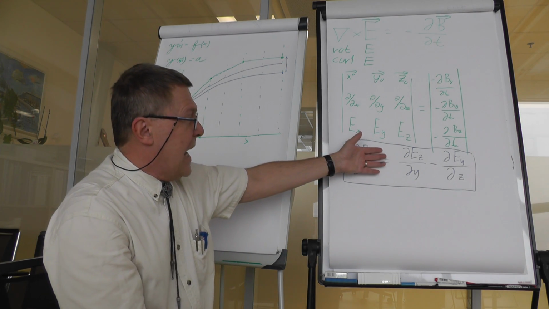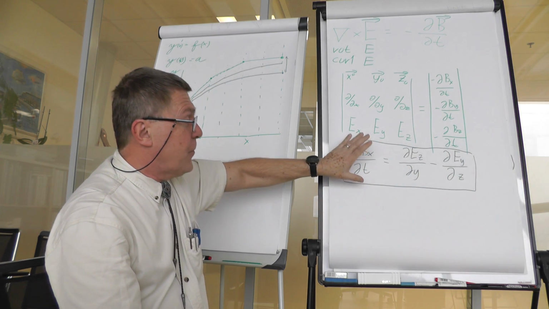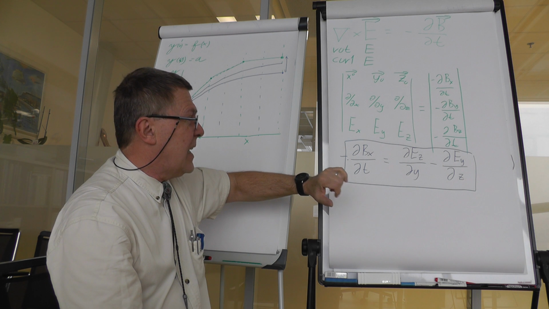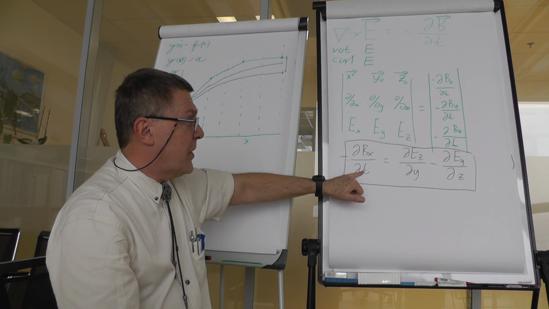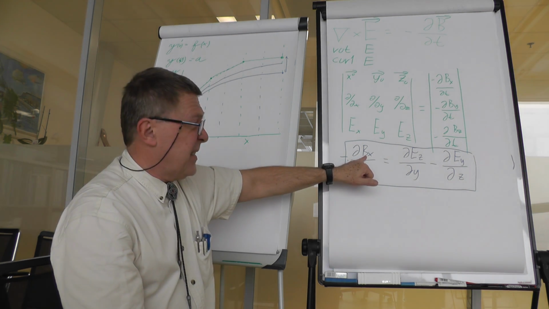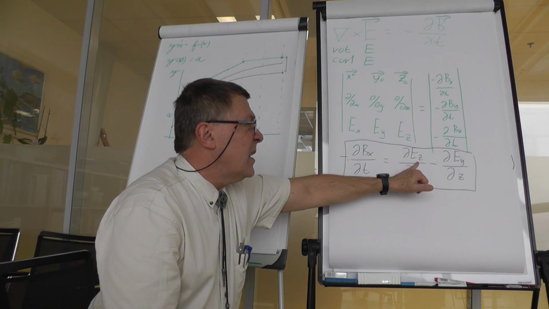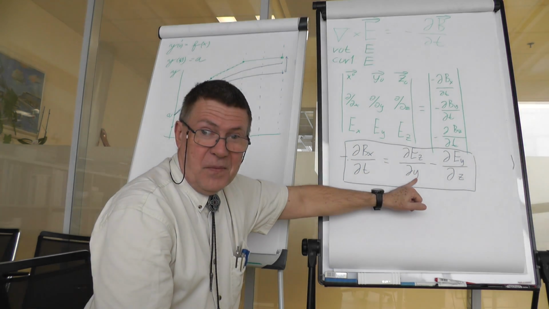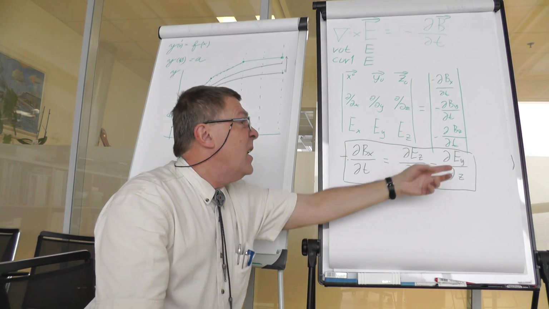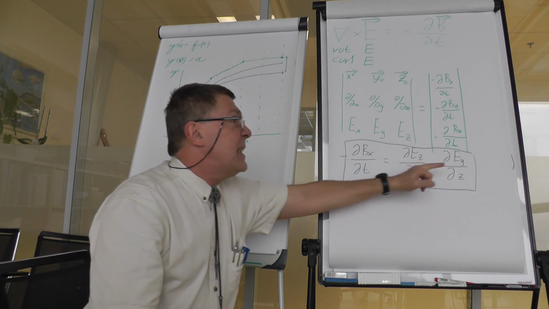We can of course get a set of three equations out of this notation. I will just first comment on this. So we have an equation that gives us a time behavior of magnetic flux density depending on the change, or let's say space derivatives of electric field components Ez and Ey.